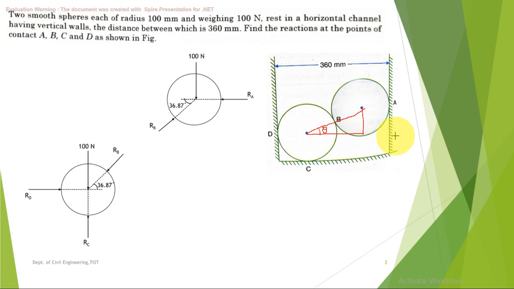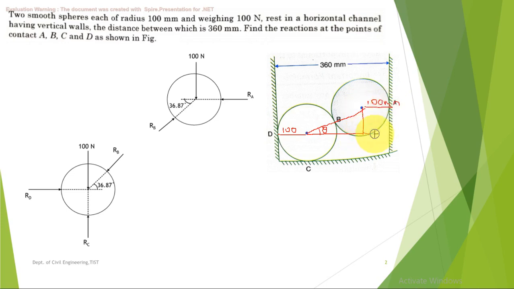Now it is given in the question that the radius of the sphere is 100 mm. So if you consider this line, we can say that this much is 100 mm. This is the radius of one circle. And also if you consider this line, it is 100 mm because it is the radius of the second sphere. And this length is equal to this length.